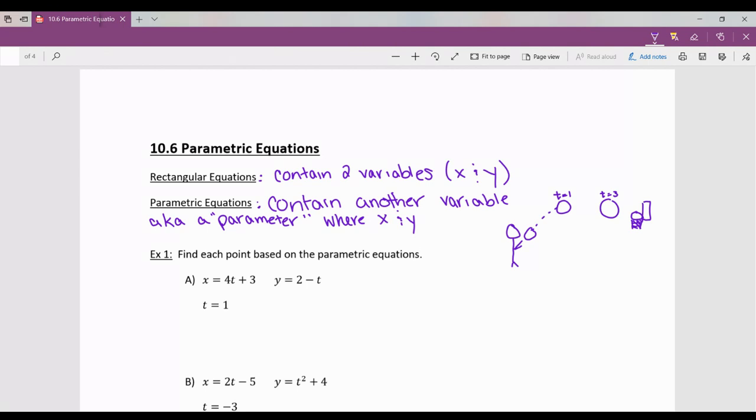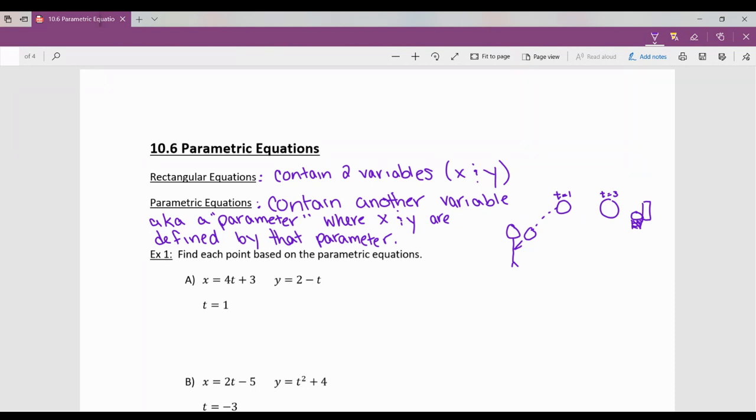So y would be my height, x would be my distance to the basket, where x and y are defined by that parameter.